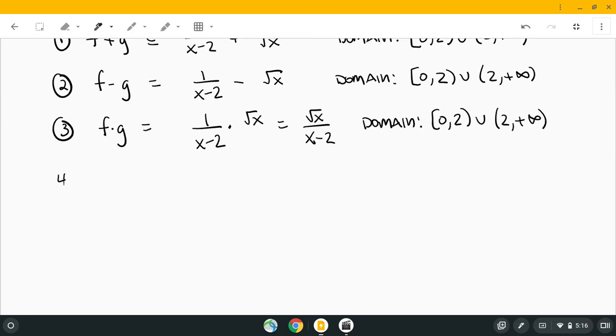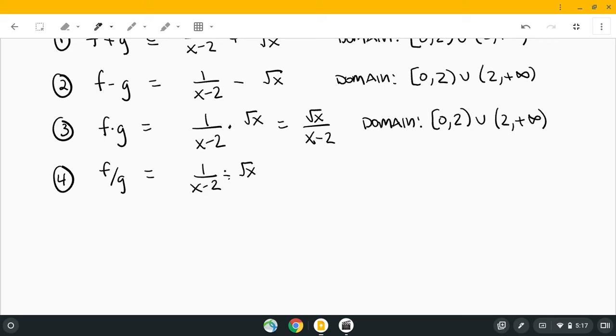And then number 4, f divided by g. So this is going to be 1 over x minus 2. Division, we can use this fraction. We can use the division symbol. Okay, so I'm just going to use this one so that we don't have so much vertical space.